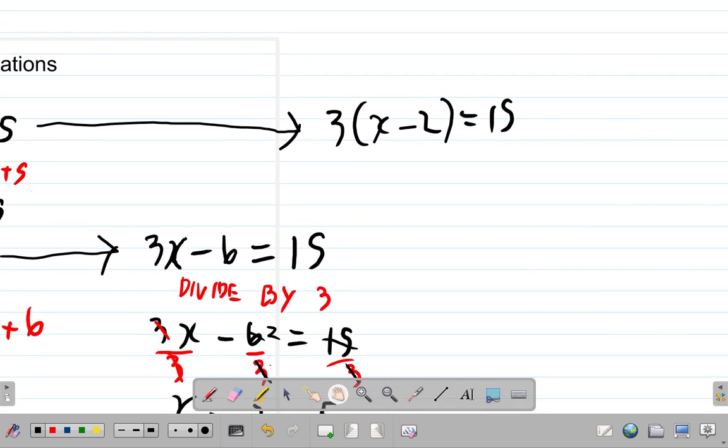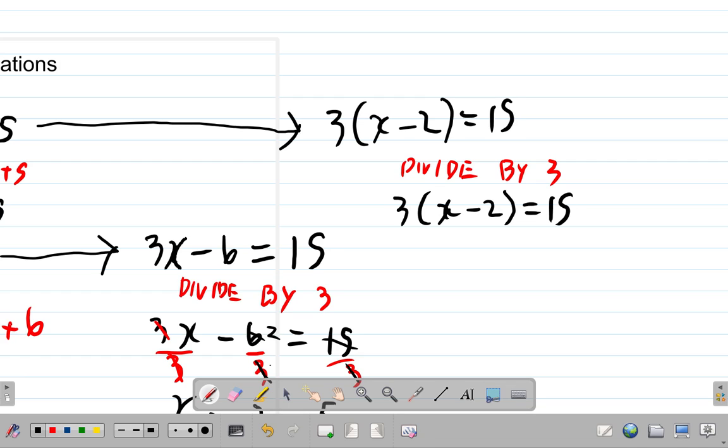But we could have started by dividing by 3. Suppose we start by dividing by 3. When you divide by 3, all of this is divided by 3.